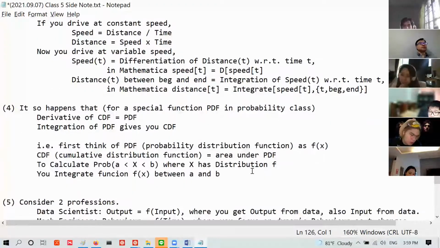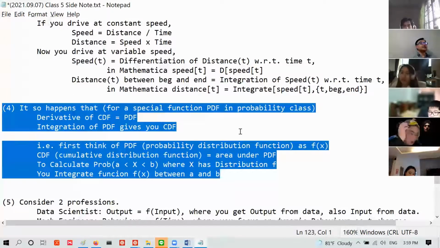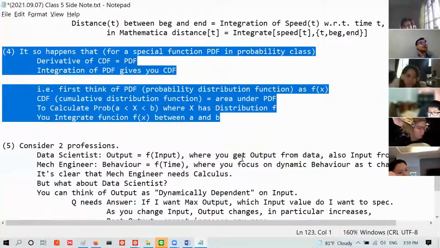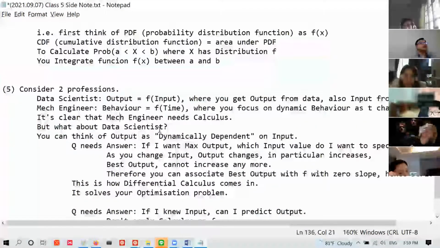That's it. So you need calculus, first of all, because it lives inside statistics. And also because this is the kind of question you'll be answering. Now, obviously, engineers need calculus. But what about you? What about data scientists or analysts?